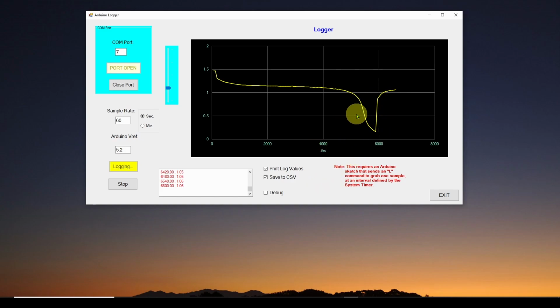So this is a really great way to visualize how the battery is responding. Then you can send that to a CSV and plot the response of multiple batteries, or how the batteries respond after they've been charged by different chargers. A wonderful way to better understand how these batteries operate.